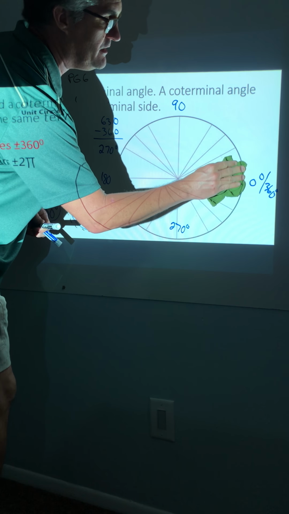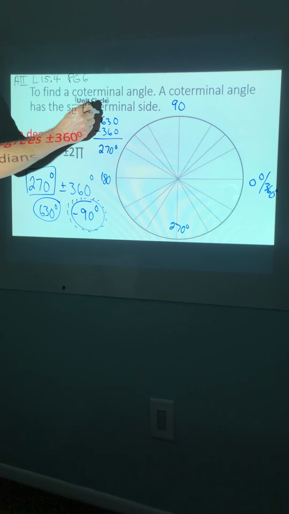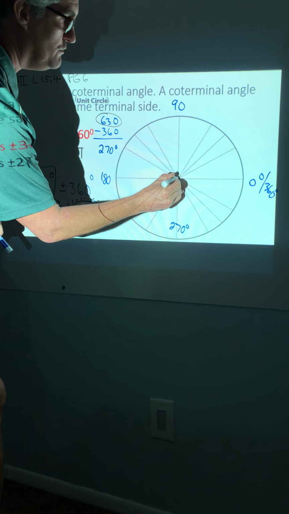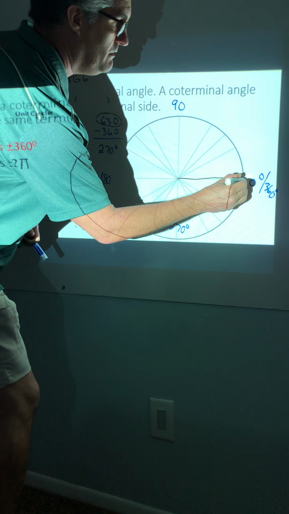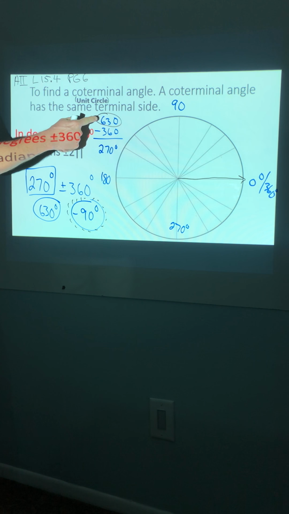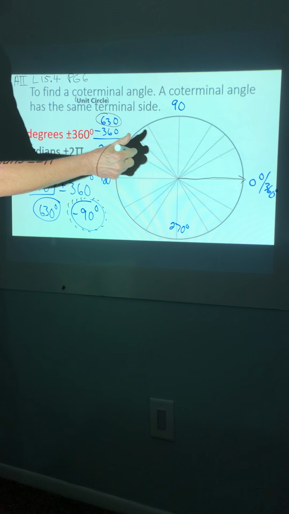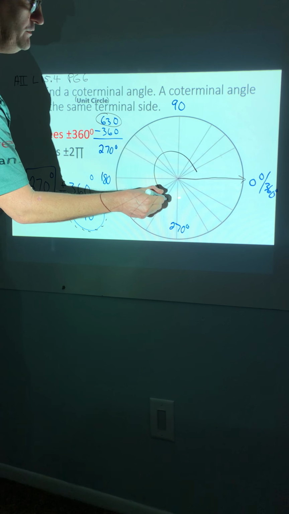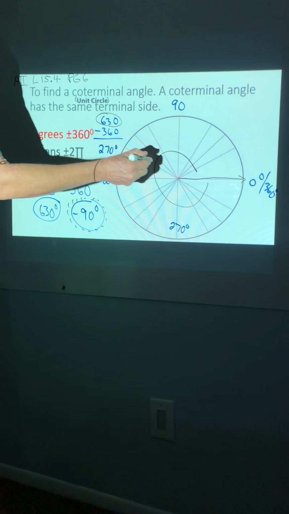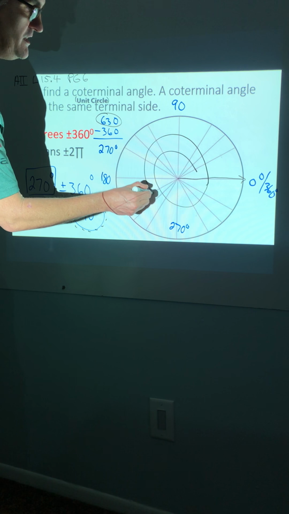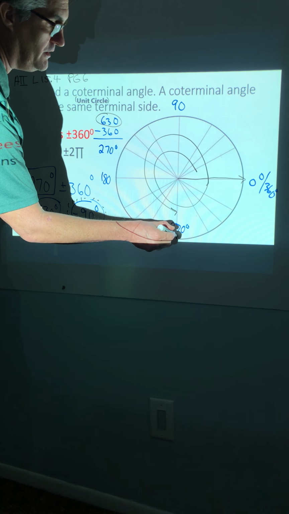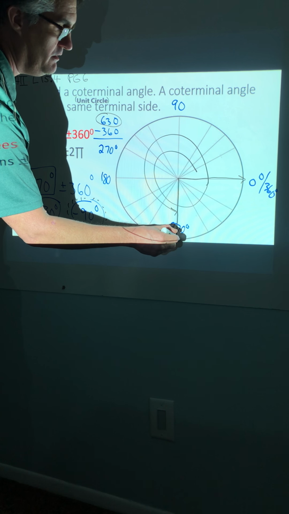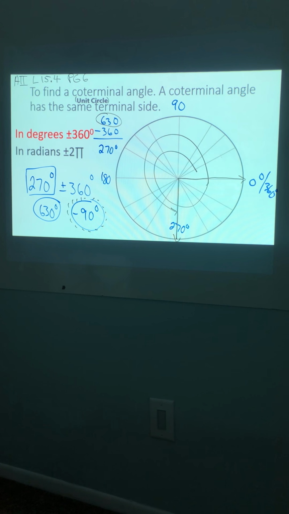So for 630, here's your initial side. Because you can subtract 360 from it, that means you're going to do one whole revolution of 360, and then 270 more, and you end in the same spot. That would be 630 degrees. For coterminal angles, you're just going to add 360 or subtract 360.